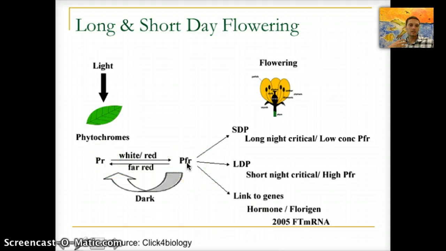At the end of very short night periods, there hasn't been enough time for the PFR to break down into the PR. And so then the PFR in long day plants actually promotes transcription of the genes needed for flowering. So in long day plants, the high amount of PFR acts as a promoter for transcription of those flowering genes. So a large presence of it then causes the plant to flower.